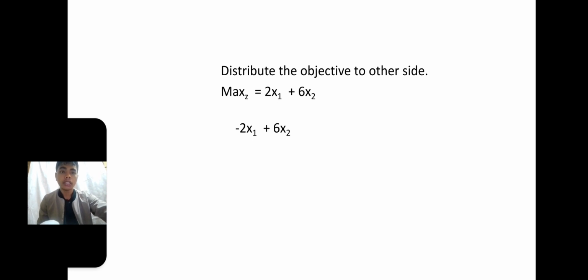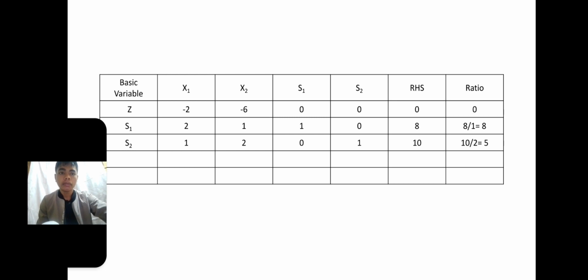Let's distribute our objective to the other side so we can get negative 2x sub 1 minus 6x sub 2. By the way, this is our tableau, and I will put our variables in the tableau.